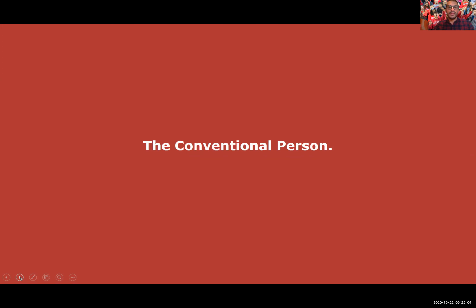And next we have the conventional stages, stages 3 and 4, where most adolescents and adults in our society are. The conventional person considers the perspectives of others, especially authority, and has internalized rules in terms of basic consequence structures.